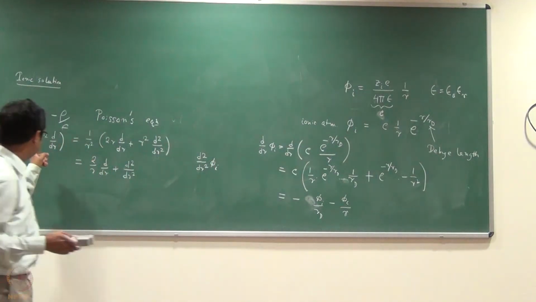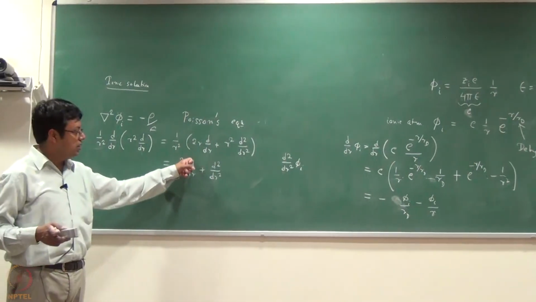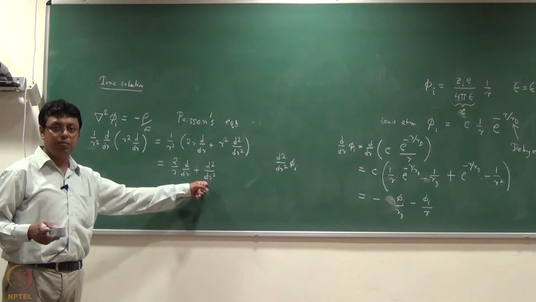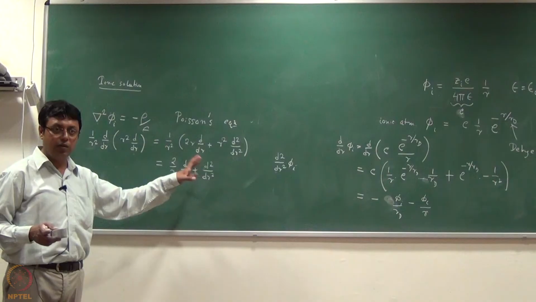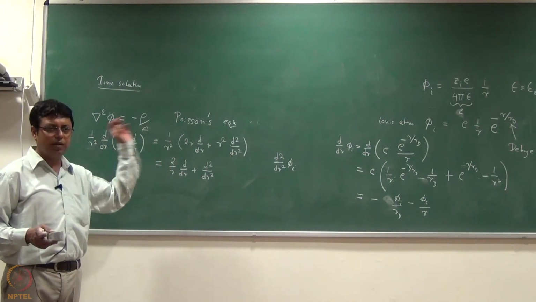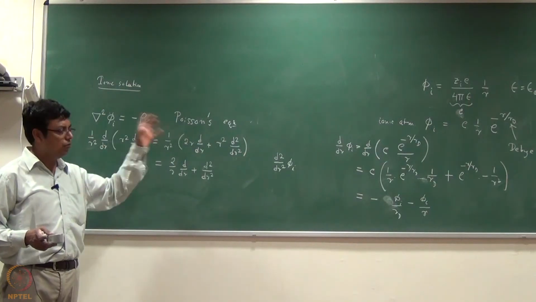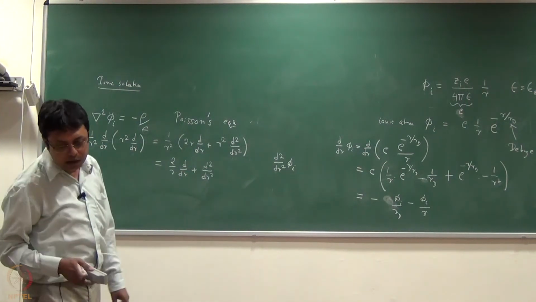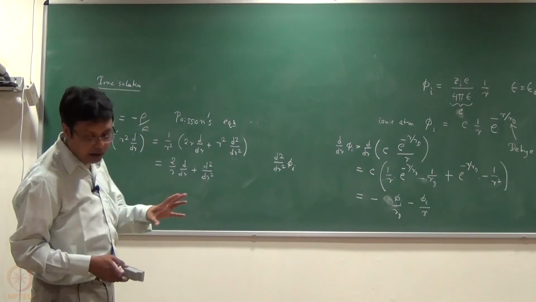Now you put back in this equation. With d/dr you have to multiply 2 by r, d²/dr² you have to take just the term, and then you add it. You could actually do it simply like the full thing, but that will just reduce the number of steps.